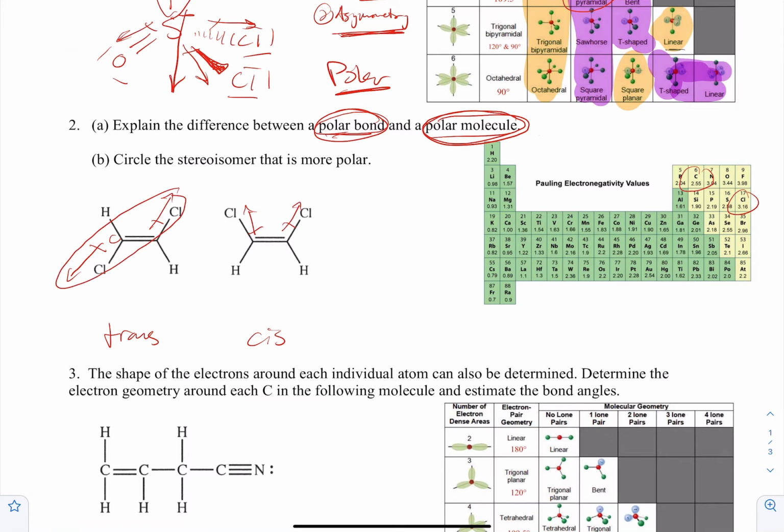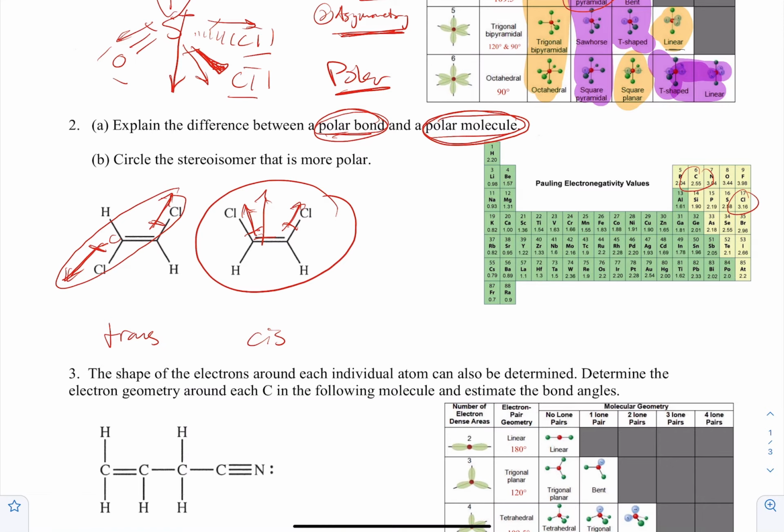It's going to be a lot less polar because we're pulling this direction, but we're also pulling almost equally in the opposite direction, okay? So they're going to kind of cancel out. So this is going to be the more polar molecule because these both have dipoles that actually end up adding up to an overall dipole going upwards this way. And there's nothing to cancel it out in the back here. So the cis molecule is going to be more polar, and that will almost always be the case, okay?